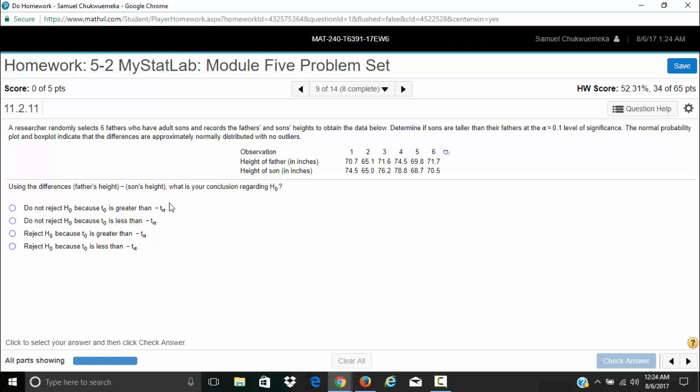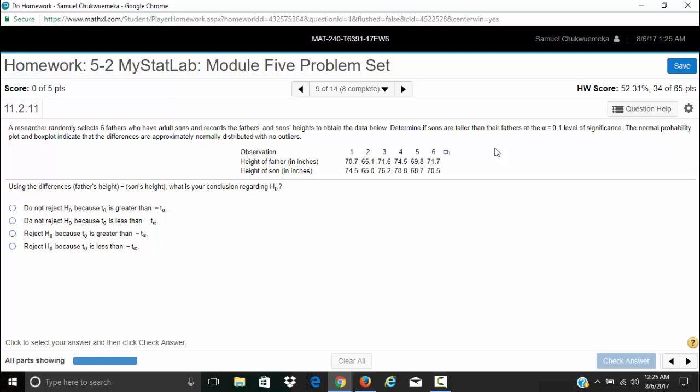H1, the alternative hypothesis, is that mu2 is greater than mu1. Determine if the sons are taller than their fathers.